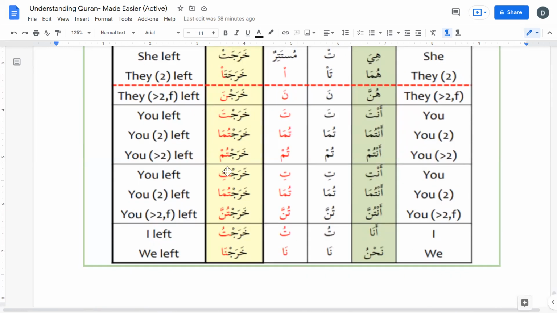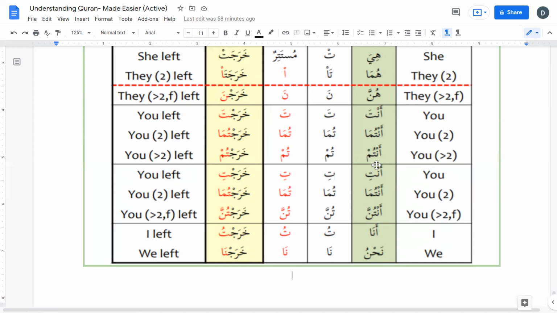Okay, coming back to this second person. When you talk to the person who is present, when the person is in front of you, you say anta, you. When two persons are in front of you, antuma. And when there are three or more persons in front of you, you call them you all, or antum.